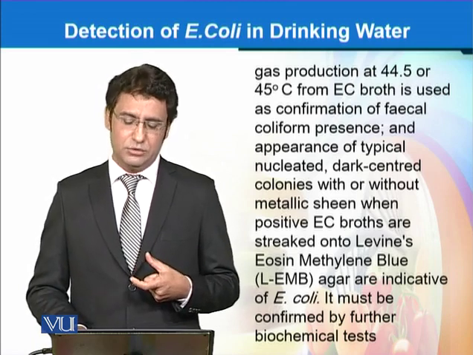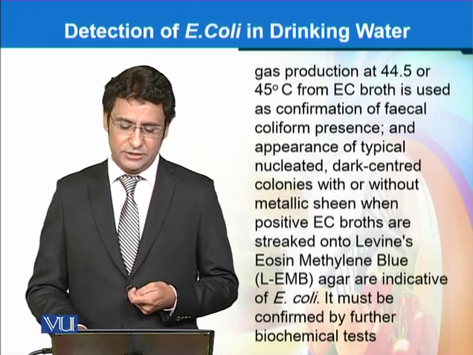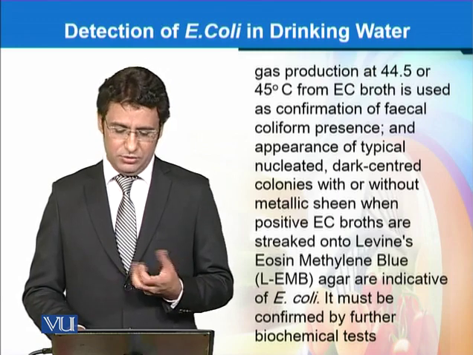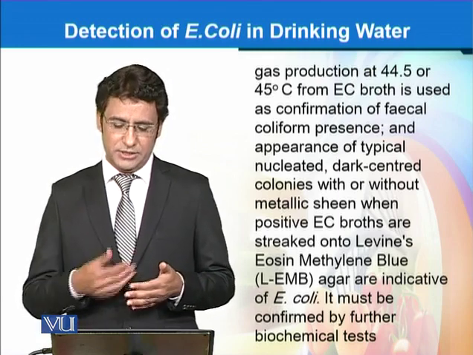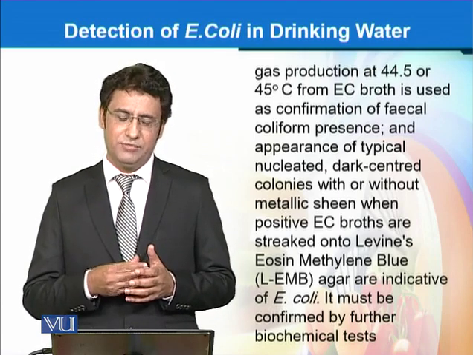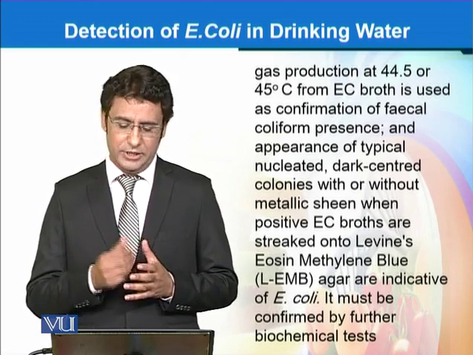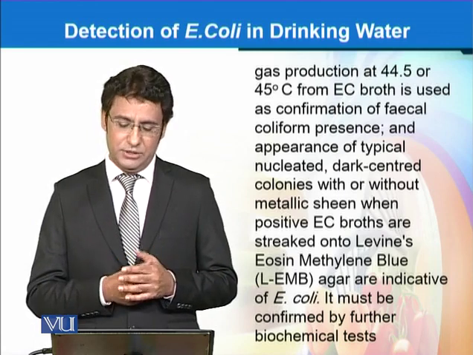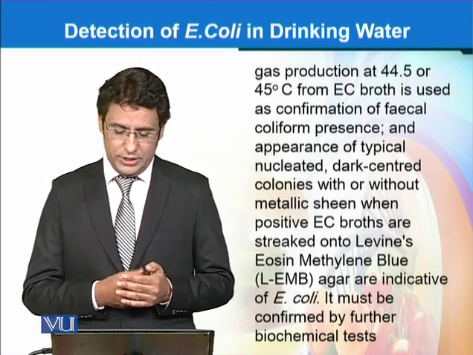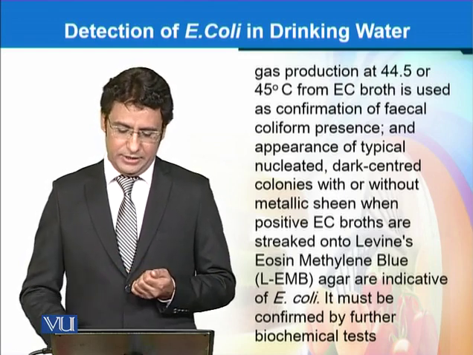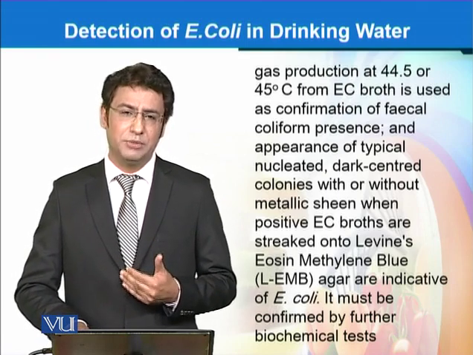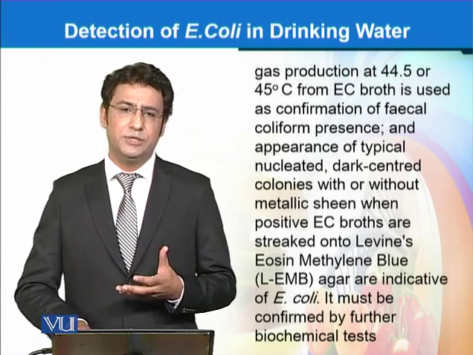Normally we look under the microscope for dark centered colonies. They might have a metallic sheen, or it might not be there, so they normally let us know that probably there is a fecal coliform present. And once we take these positive samples apparently having fecal coliform, they are streaked onto another medium called L-EMB, Levine eosin methylene blue agar, and if they show any sheen on this specific medium, then we say that fecal coliform is probably present.